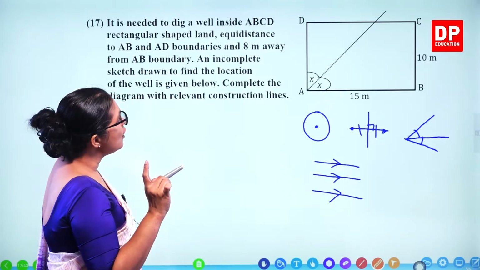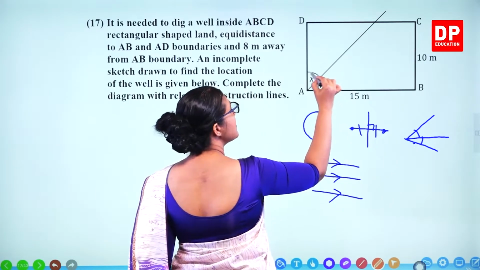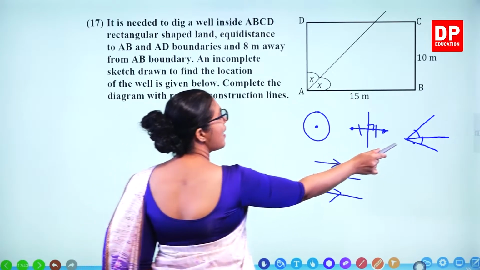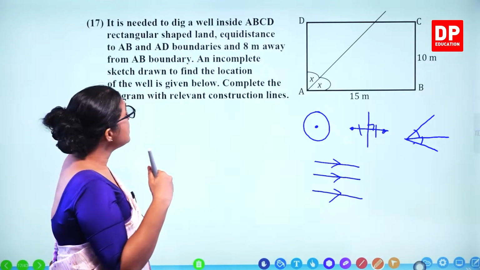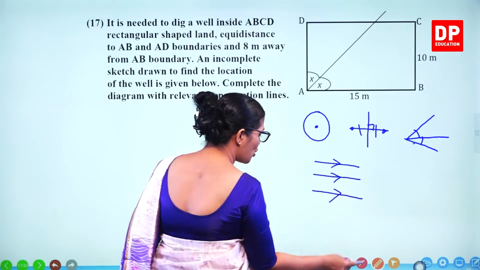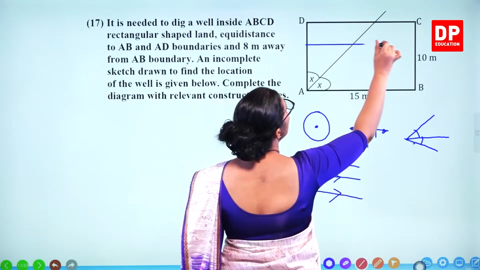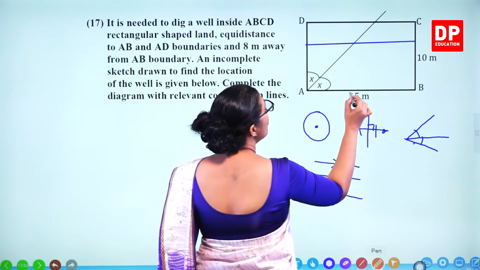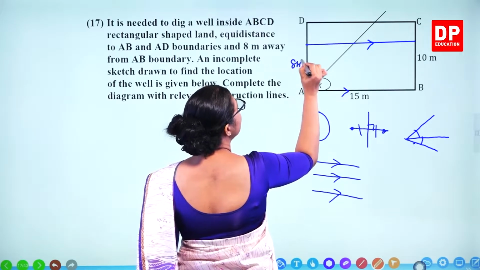So which one do we use? We use angle bisector, because equidistance to AD and AB. And 8 meters away from AB line, that's parallel line. So what you have to do? 8 meters, so somewhere here. So you draw a line parallel to this line, but 8 meters away.